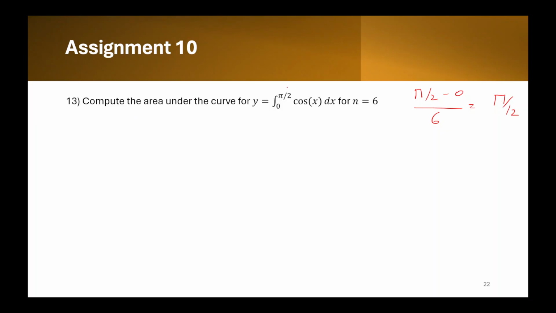Again, these are values in radians, so set your calculator to radian mode.